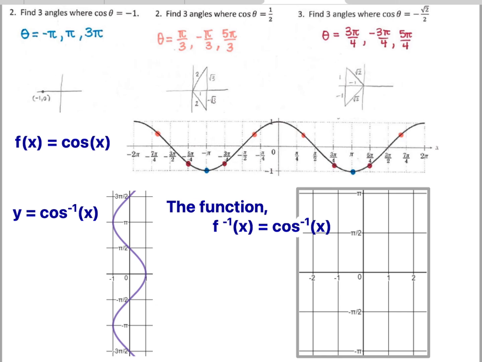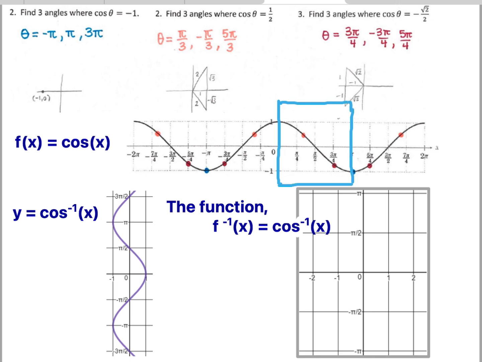We'll do the same thing with cosine of x. It does need to be restricted a little differently though, right? Because if I tried to go from negative pi over 2 to pi over 2, that is failing the horizontal line test, yeah? So we have to restrict it differently. The way they've decided we shall do it is by going from 0 to pi.